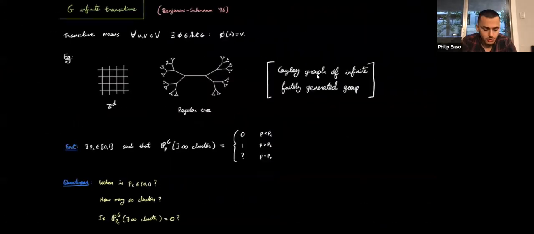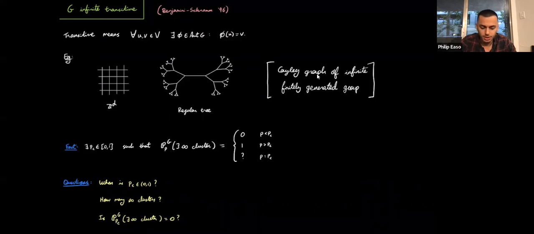Okay, so one of the settings where people study percolation a lot is when G is an infinite transitive graph. This was a project that started with Benjamini and Schramm in '96. Before that, people studied percolation mainly on Euclidean lattices. But they said, what if we considered an arbitrary infinite transitive graph?